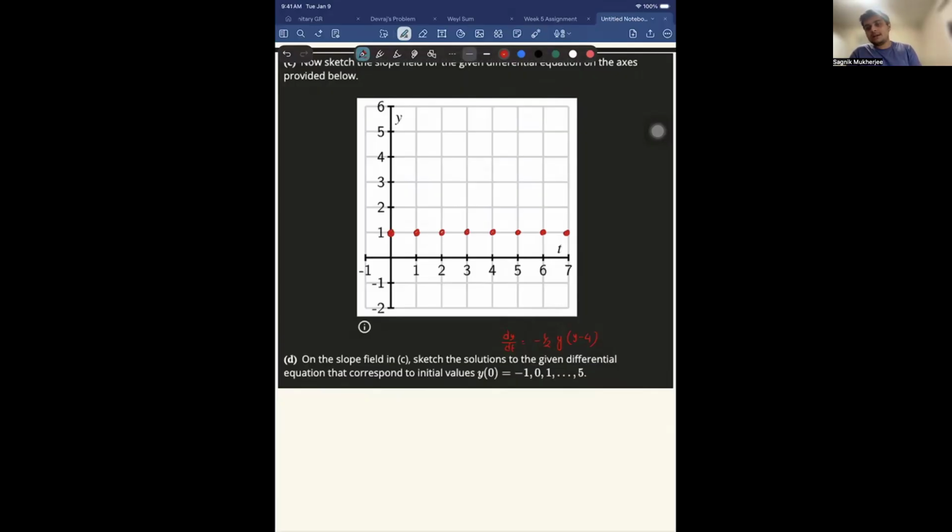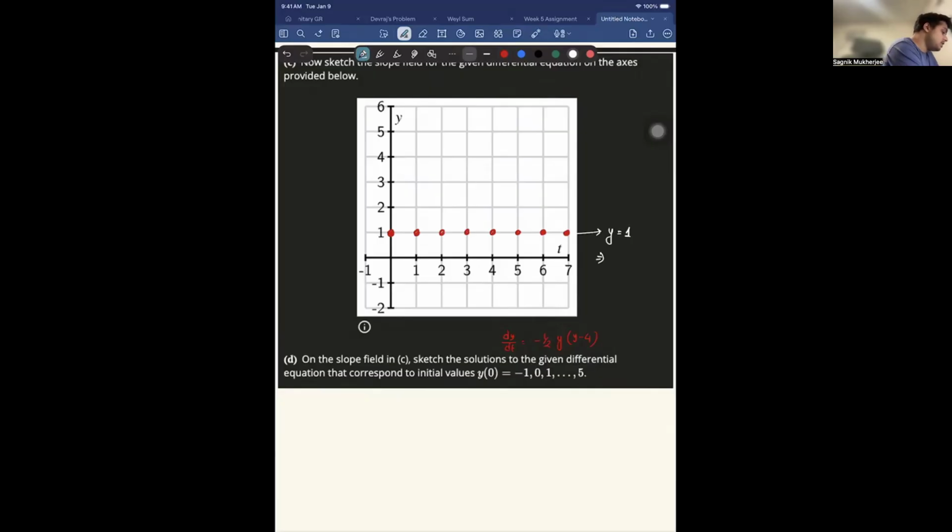Think for a moment, what is the common feature of all these points? See that all of these points have y coordinate 1, right? So this is y equals 1.